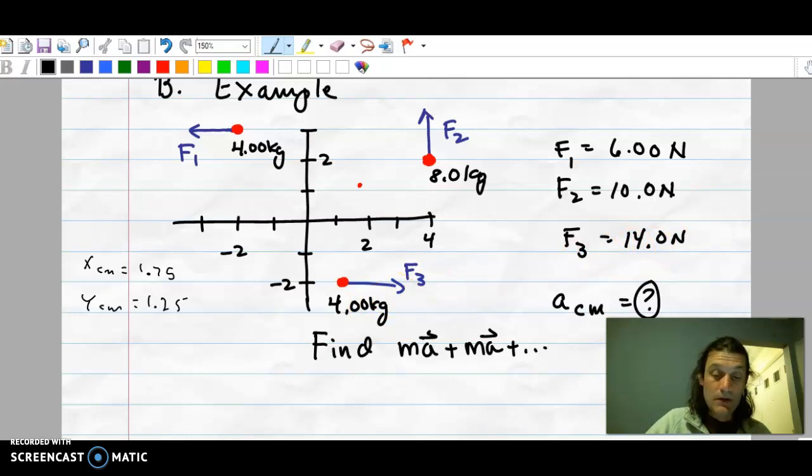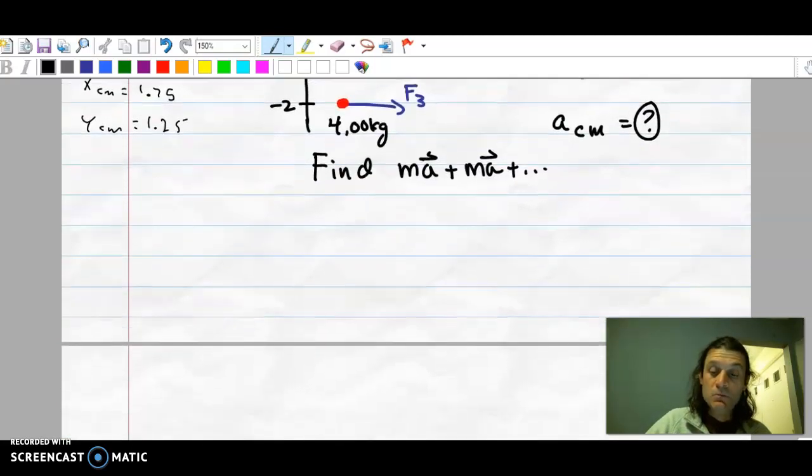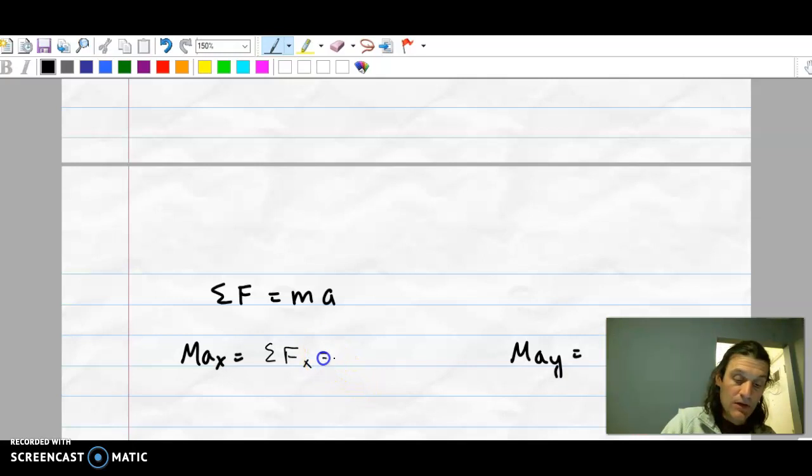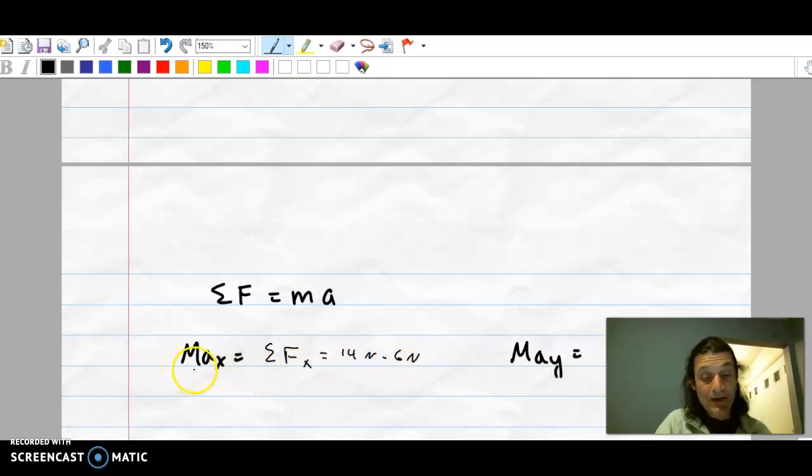So what I'm going to do is put 14 and 6 together, tail to tip, so when I add them, I'm clearly going to be pushing the minus button. So this is 14 newtons minus 6 newtons. Those are the net forces in the x. It will equal the mass whole times the a whole.